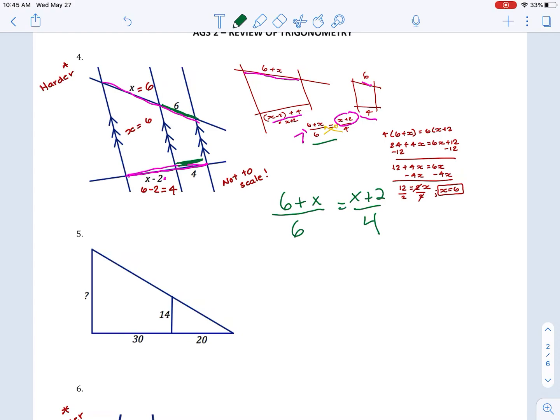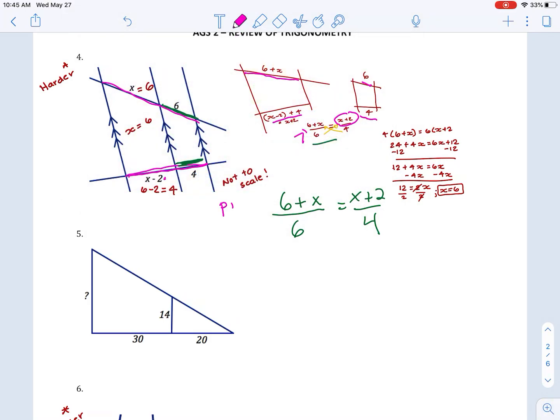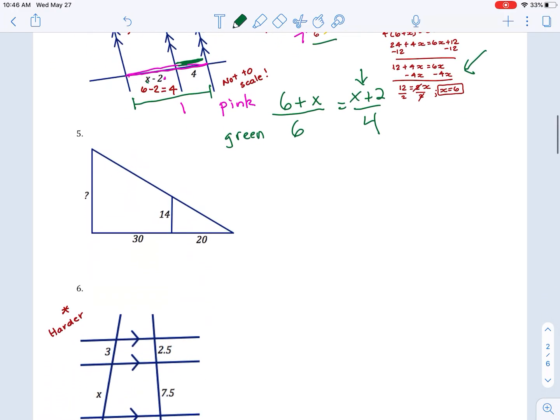So you'll notice the 6 plus x comes from the pink labeled part, okay? It's like the whole, this one's the bigger part, okay? And then the two pink sections are on top, and then you can see that the green sections are on the bottom. So again, this x plus 2 right here might be a little confusing, but remember that x plus 2 is this whole distance from here to here, which is x, and then negative 2 plus 4 is 2. So then if we cross multiply, you can see the work for that right here, okay?